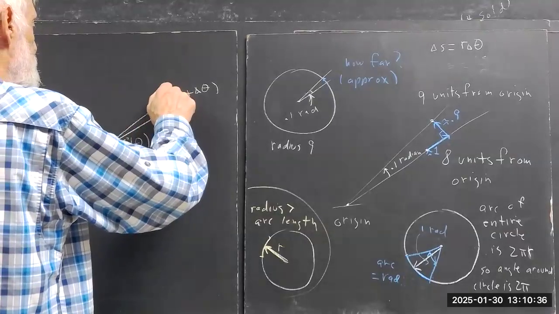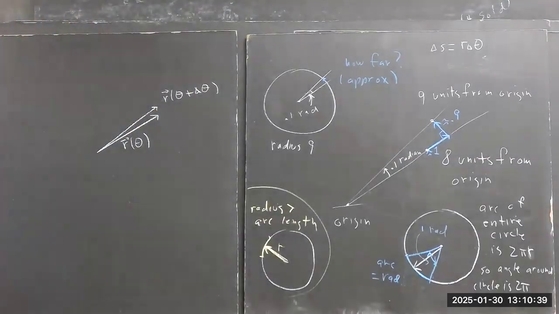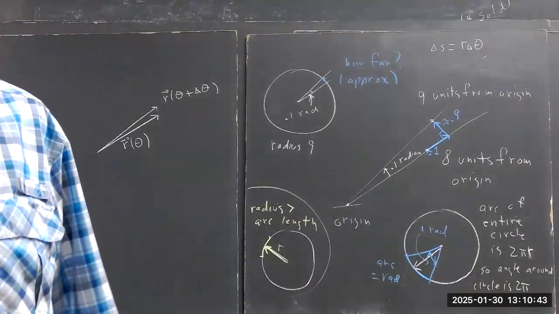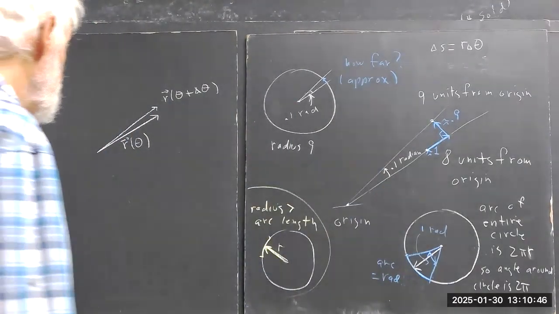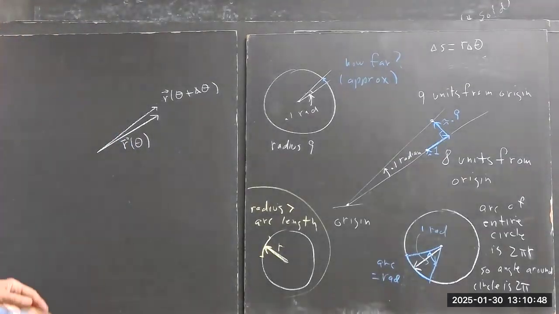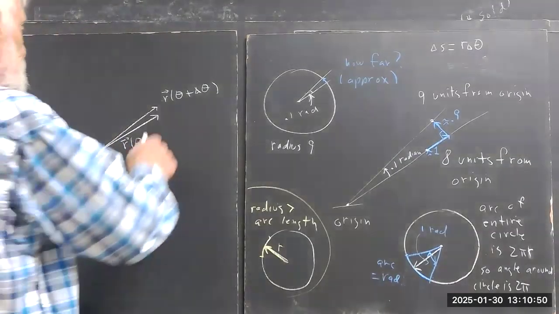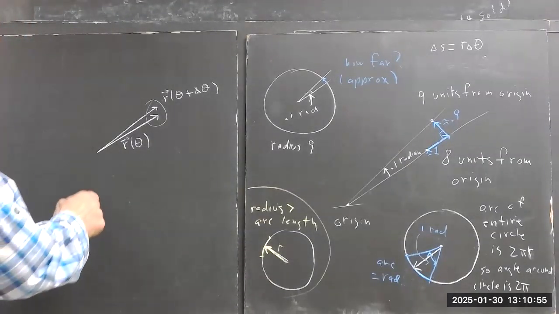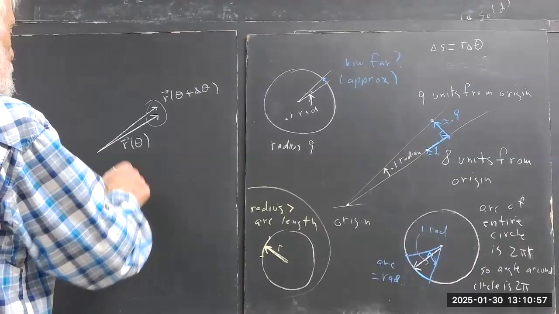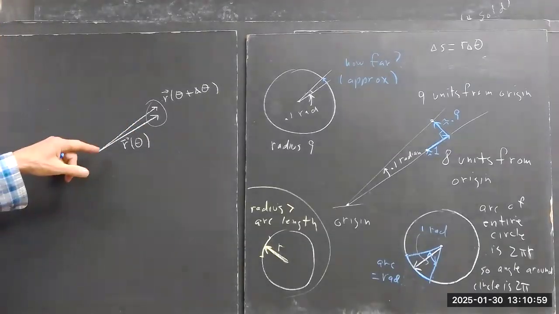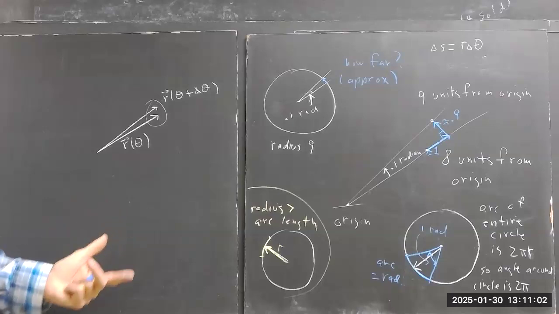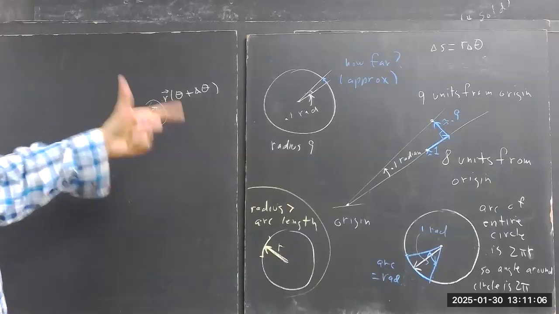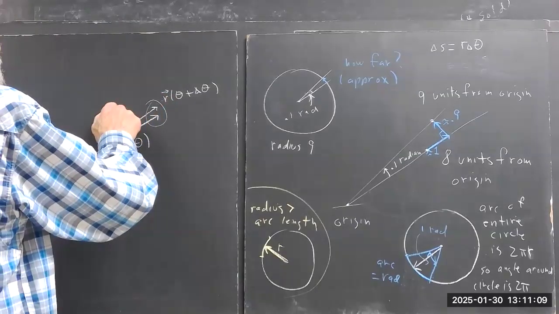We'll make it a vector because I used this kind of language with the problems I gave you a week and a half ago. We've got R of theta plus delta theta. And we want to look at what's happening here. Well, what's the angle between these two? If you go from theta to theta plus delta theta, your angle between the two is delta theta.